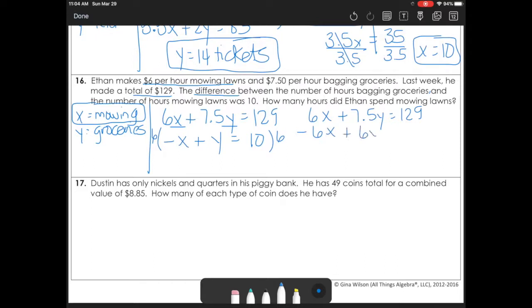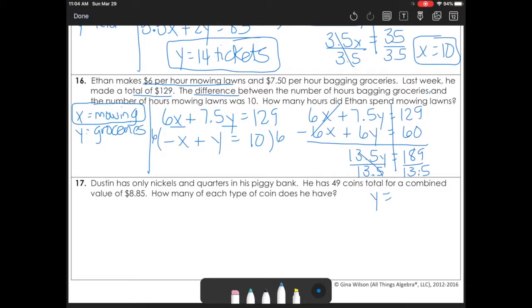So 7.5 plus 6 is 13.5, and 60 plus 129 is 189. Divide by 13.5. It's really hard to see the decimal if you don't get it just right. Y equals 189 divided by 13.5, which is 14.